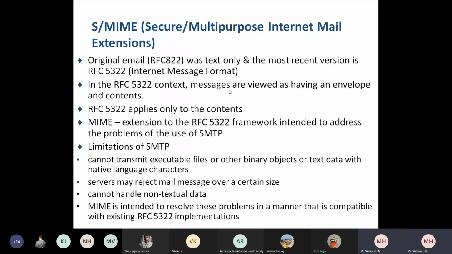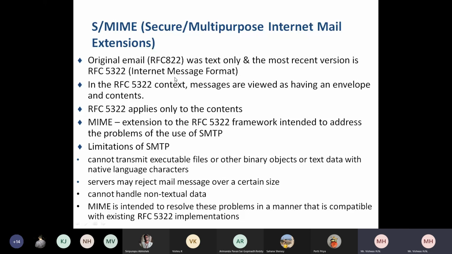Please make a note of this point, students. Very important point under MIME. Okay, I think that is there in the slide. No need to write it down. Let me go through this. The original email standard, RFC 822, was text only, and the most recent version is RFC 5322, the Internet Message Format.